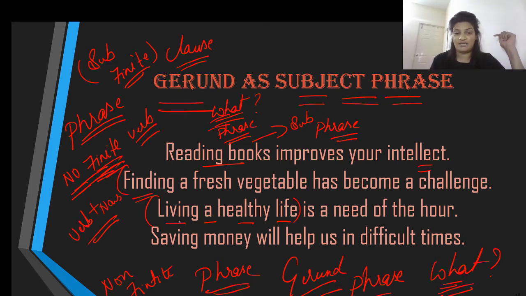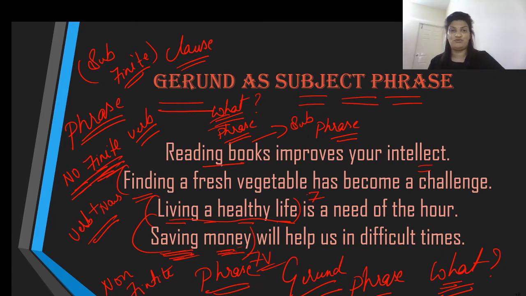Living a healthy life is your gerund phrase or subject phrase. Is a need of the hour. So here is your finite verb. Next, saving money will help us in difficult times. Now here will is your finite verb. What will help us in difficult times? Saving money. So this is our subject phrase.